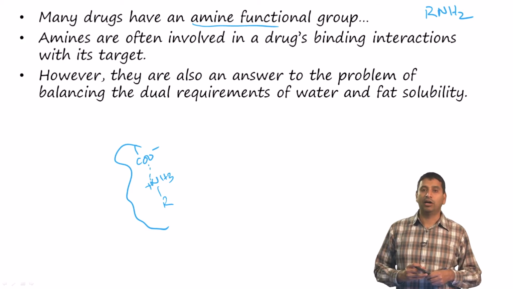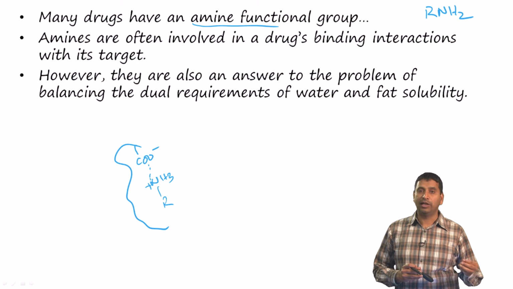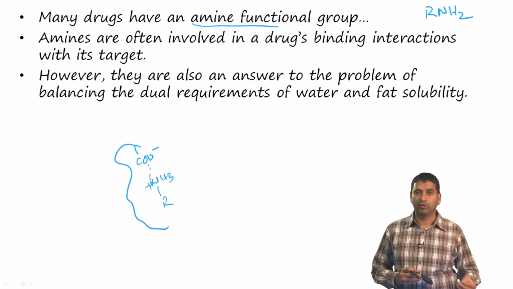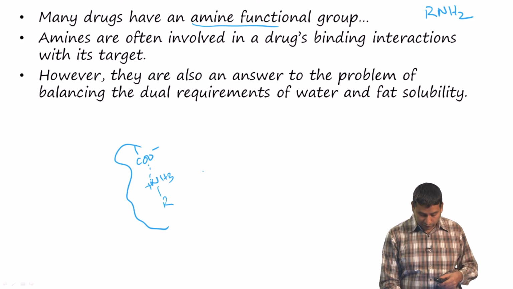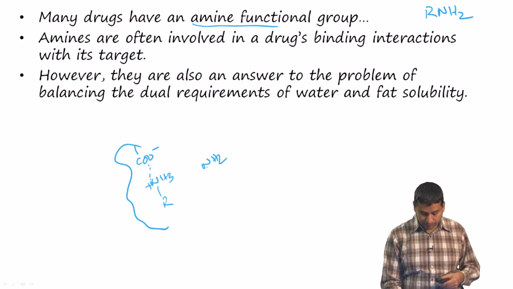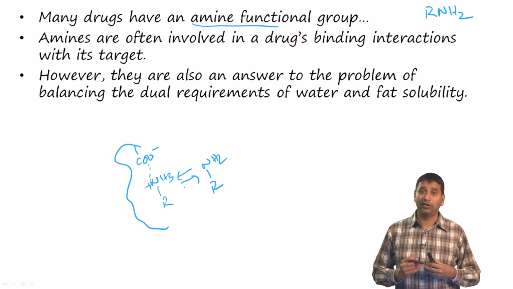Right. So, amines are very important in many drugs because of exactly what I have drawn, which is that they can balance the two requirements. So, they can be neutral in the form RNH2, but they can also be protonated to form RNH3+.